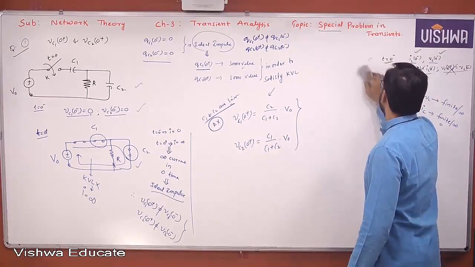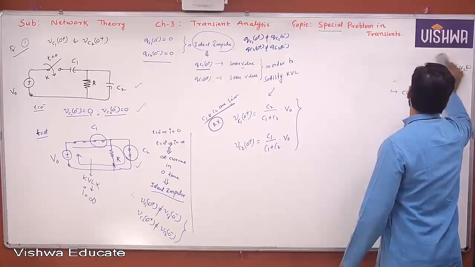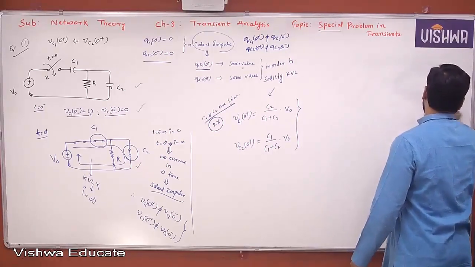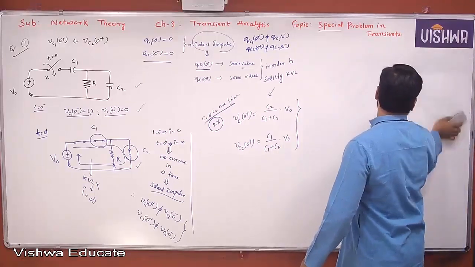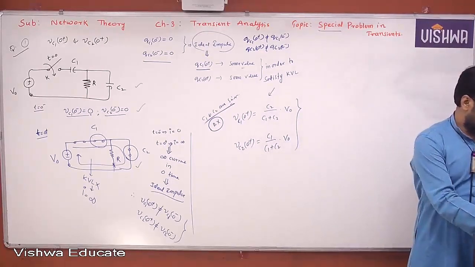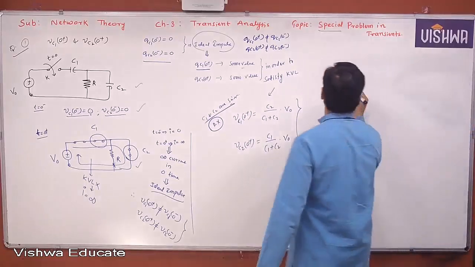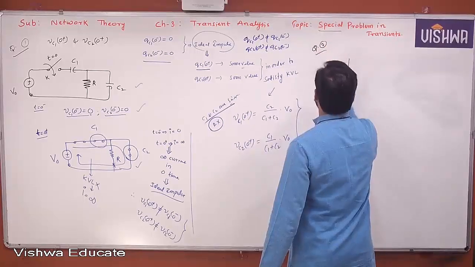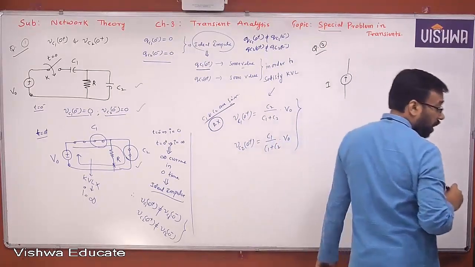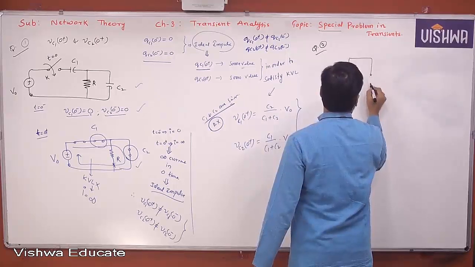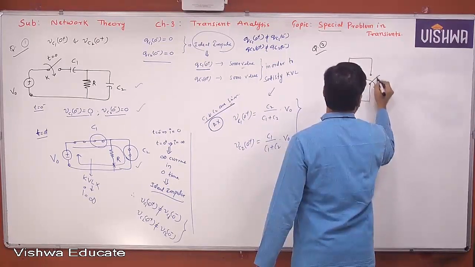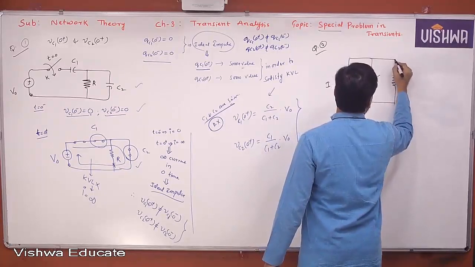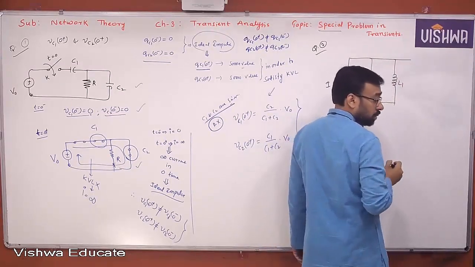Let me take another problem. Any problem given from now onwards, let us proceed in this way only. This is I, question number 2 in the classroom workbook. The switch is open at t equal to 0.